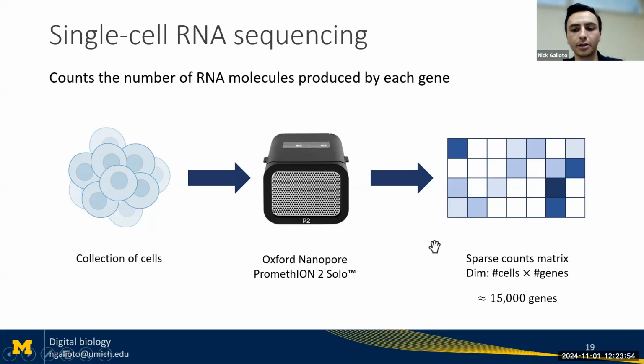And it gives you this sparse counts matrix as an output. And the dimension is going to be cells by genes. And there's around 20,000 human genes, and if you put it into this machine, you can expect some technical dropout, and you usually end up with about 15,000 genes.